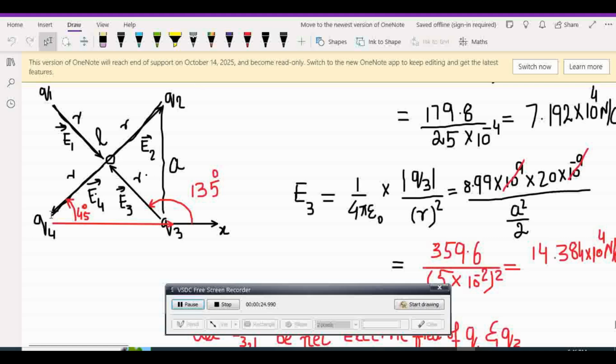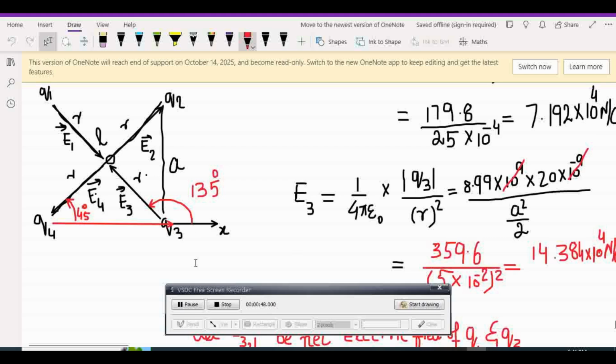So if we draw it here, the resultant will be from here to Q2 along this diagonal. The angle it makes with the x-axis will be equal to 45 degrees. So its direction will be along the diagonal, at 45 degrees with the x-axis.